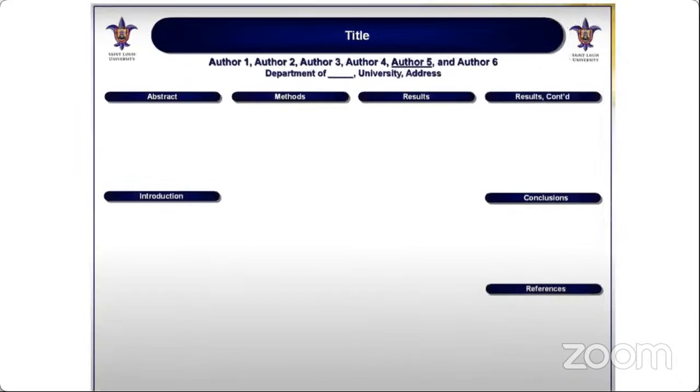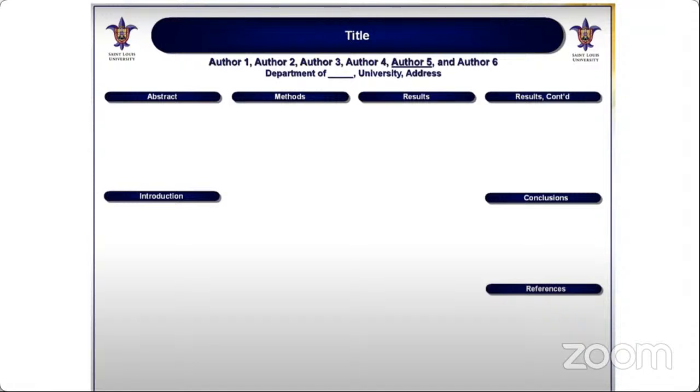And then you can have sections organized as you wish. You can have an abstract, you can have introduction, you can have methods and results, and you can have multiple results and conclusion and references. So you can change up these sections. These are not hard rules that you have to stick to always.